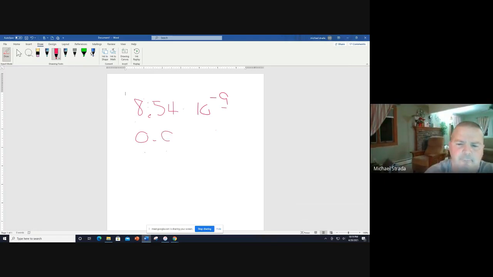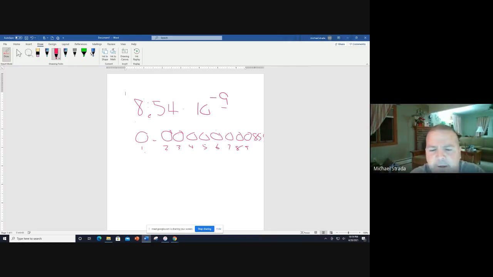So that's going to give me 0.00000, a lot of zeros, 1, 2, 3, 4, 0.854. If we count them, 1, 2, 3, 4, 5, 6, 7, 8, 9. So the number of zeros is equal to it when it's a negative exponent. Keep in mind that this is still a positive number. For it to be negative, the lead number needs to be negative.